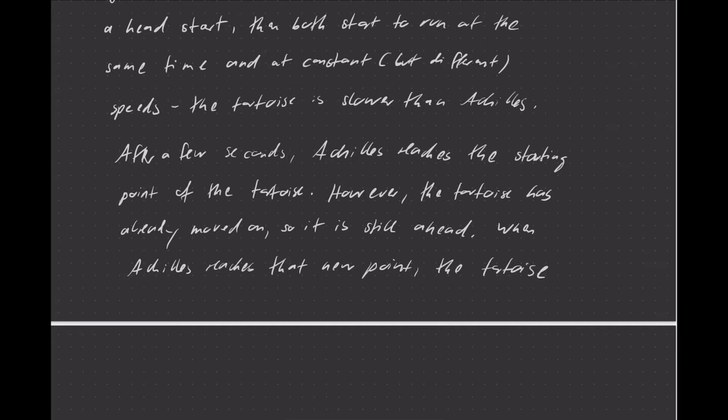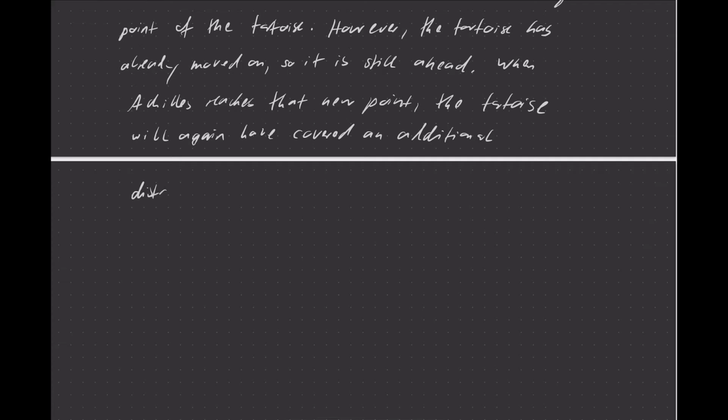So the tortoise will again have covered an additional distance. And thus, it will still lead the race. Now, as a consequence, Achilles will never be able to overtake the tortoise as long as both run at constant speeds, of course. And that means the tortoise will win the race.